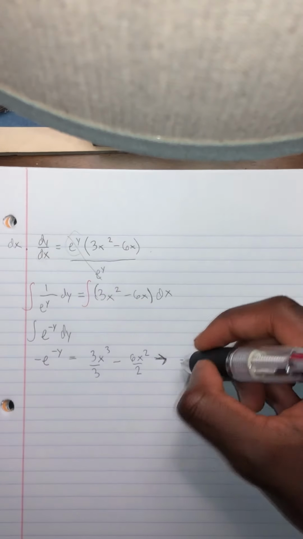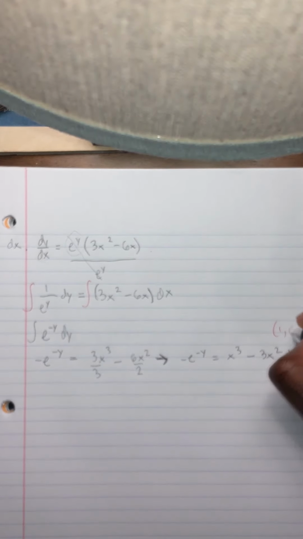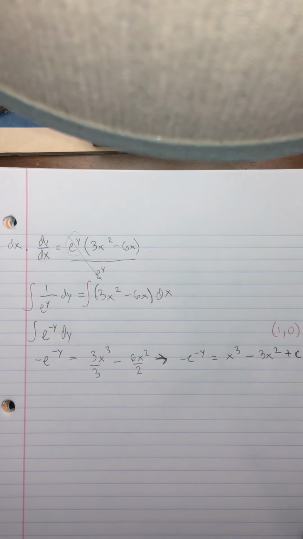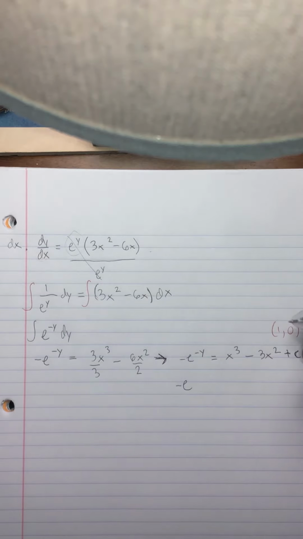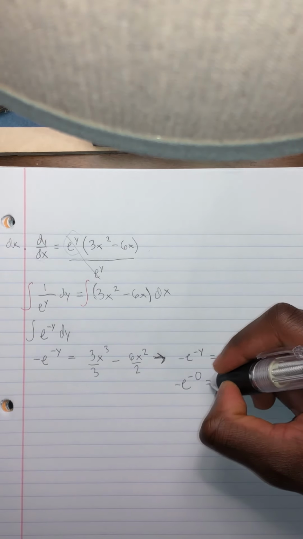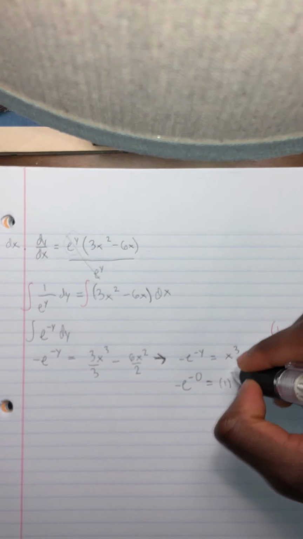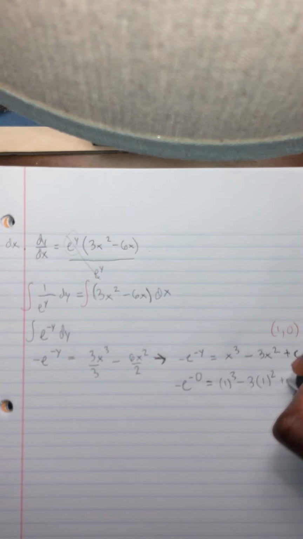So now that we have this equation, we have to solve for c. In order to solve for c, we should use the point that they gave us, (1, 0). So we plug these coordinate values into this equation. We should get negative e to the y value, negative 0, which equals the x value, 1 cubed, minus 3 times 1 squared, plus c.